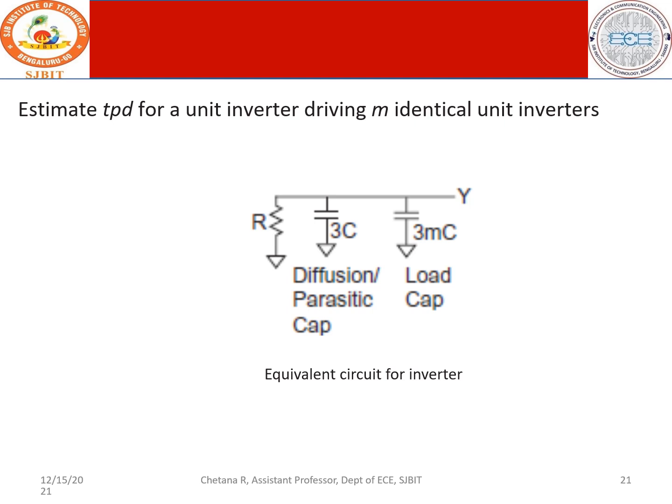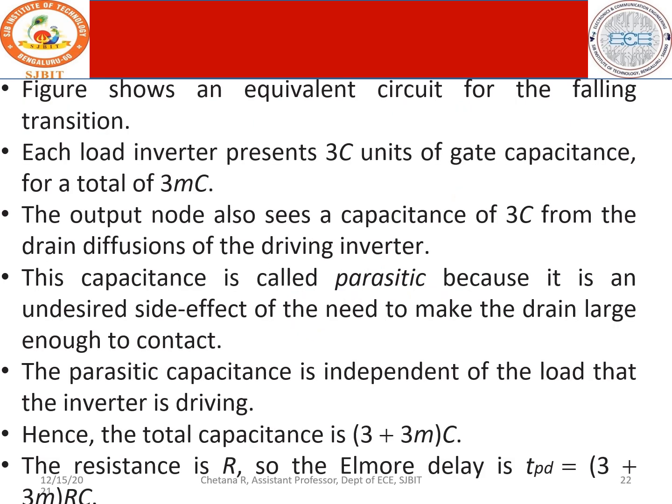So for this circuit we need to find out the propagation delay. Roughly, this can be considered as the source and this is considered as the output. So whatever values of R and C come across in this path are considered. So probably it may be equal to R into 3C plus R into 3MC.